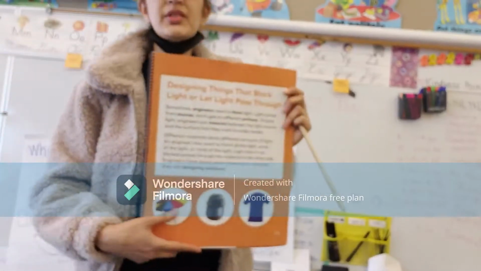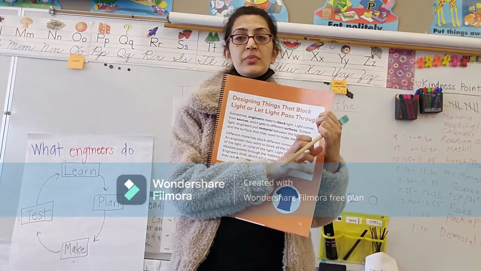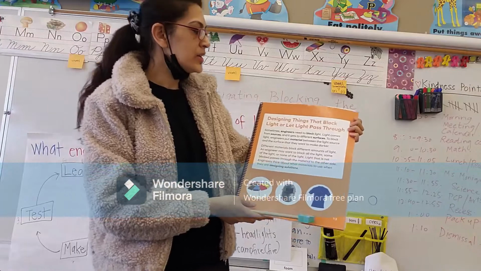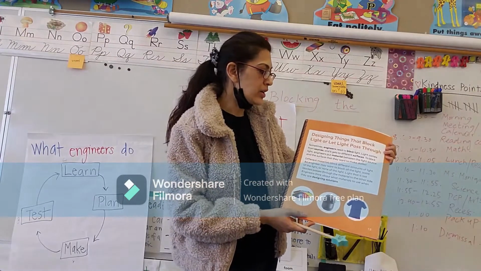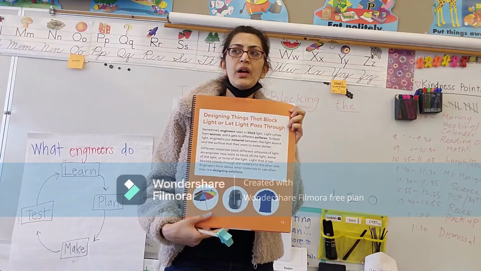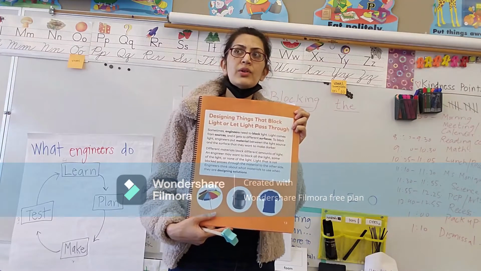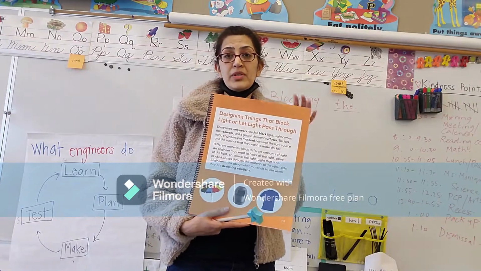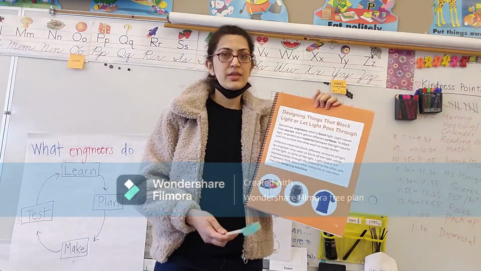I'm going to read this page of the book. It is about designing things that block light or let light pass through. The engineers design different things. Light can be blocked by some materials, and some materials do not block it. What the engineer says is: designing things that block light or let light pass through.